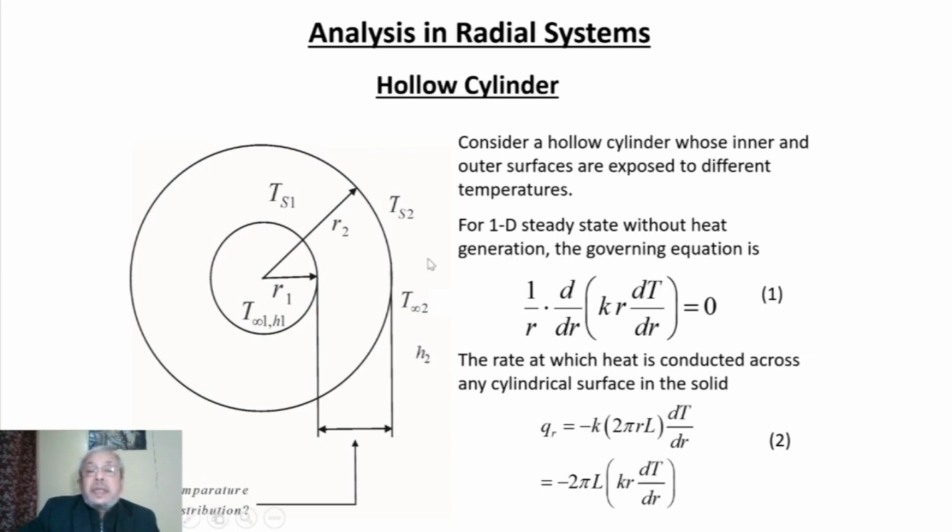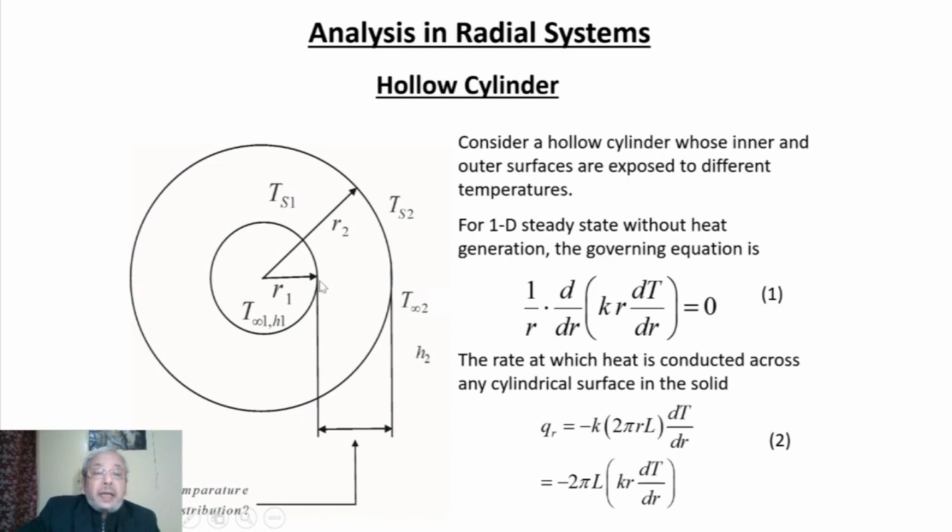In the radial system, we will first consider a hollow cylinder, and in this hollow space, it is filled by a liquid or a fluid which is having temperature T infinity 1 and film heat transfer coefficient or convective heat transfer coefficient again h1.